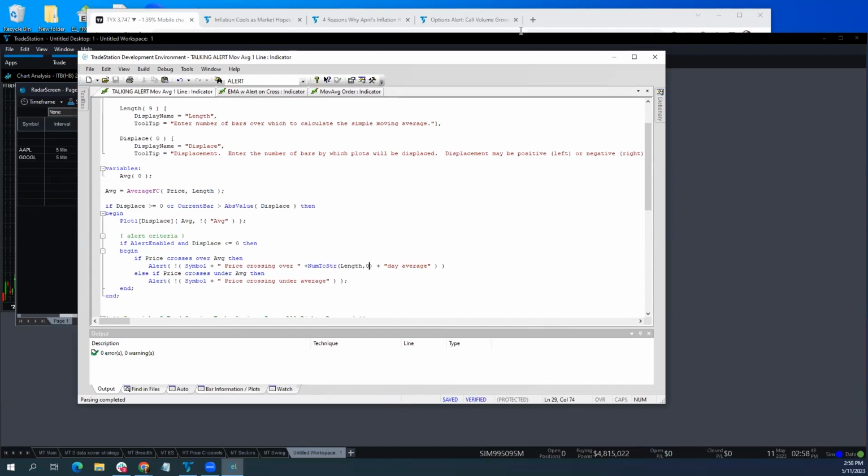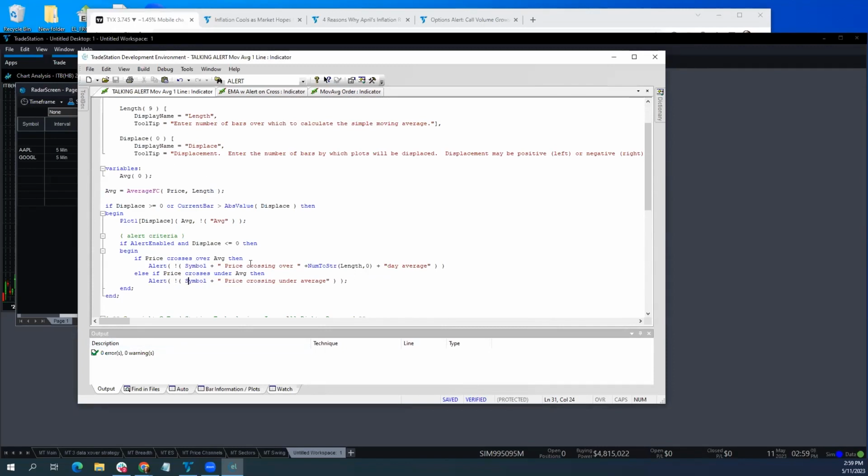What this will now do is if it crosses, now look at the way I actually did this. I'm going to put it into chat. What this will do is take the symbol, which it knows.